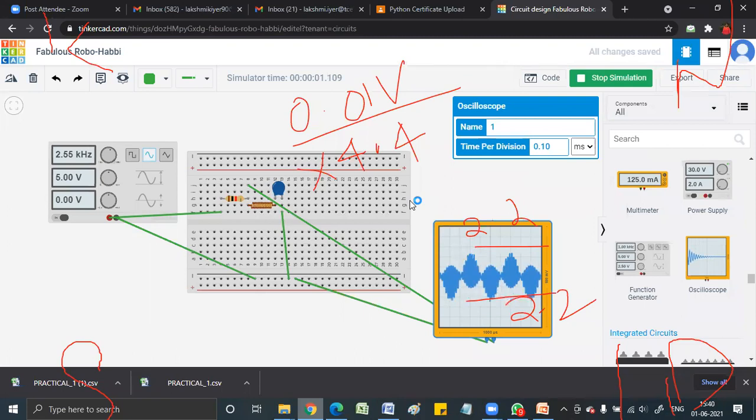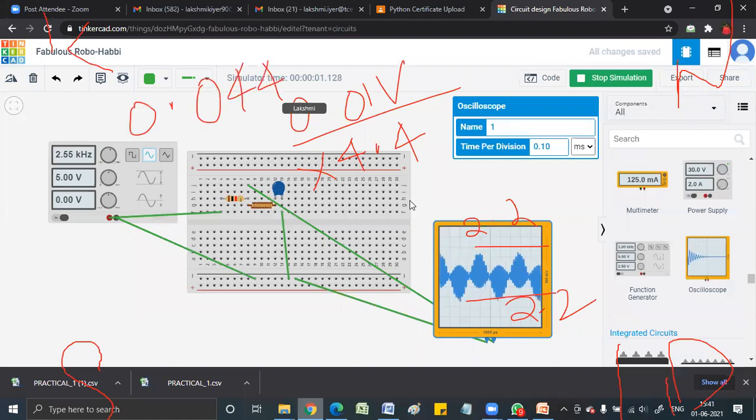You have 0.01 into 4.4. So it is 0.044, right? So your answer is 0.044 volts. This is the answer at resonant frequency.